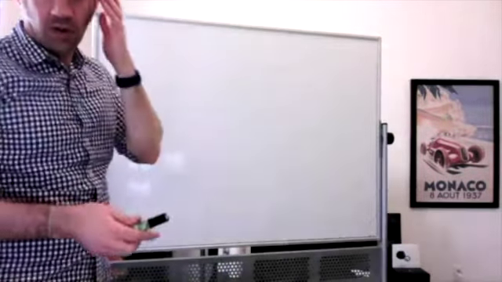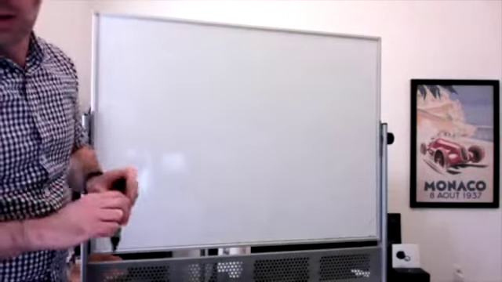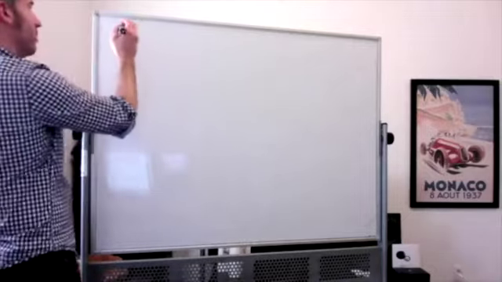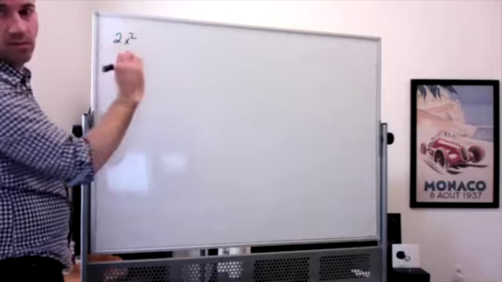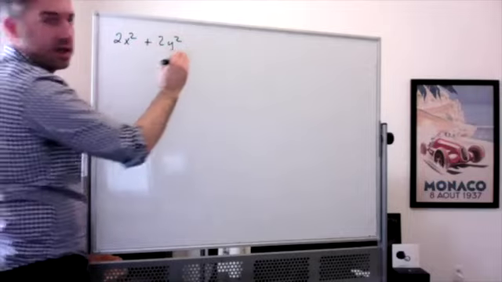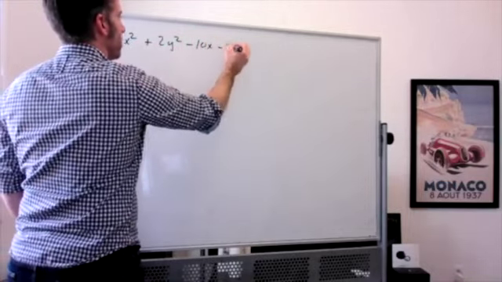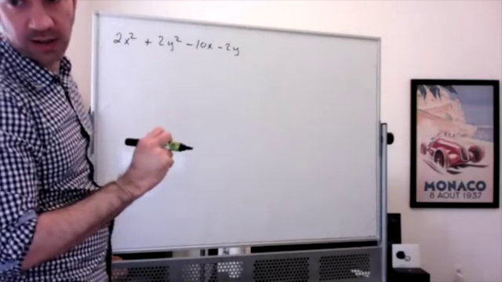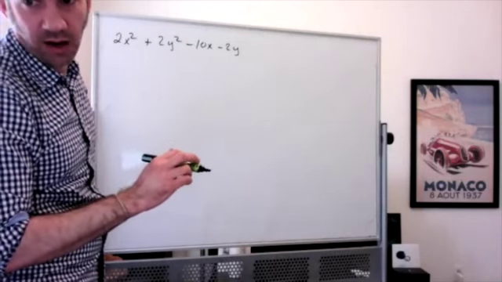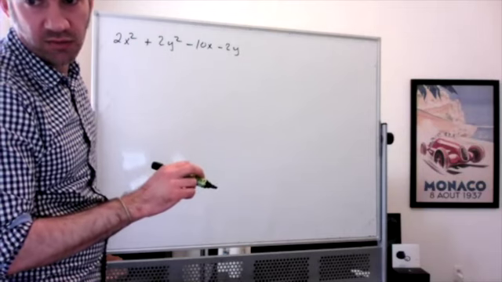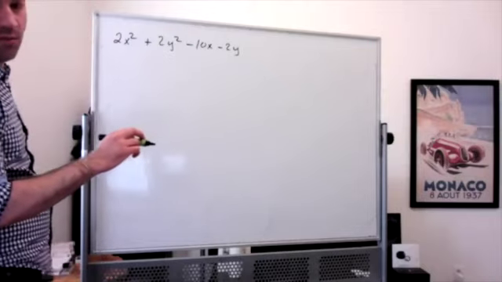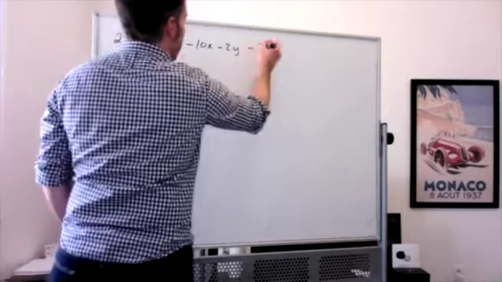So one more circle. I do want to graph this circle. I'm going to change it just slightly so that the number is not super nice. So I have 2x squared plus 2y squared minus 10x minus 2y minus, I want it to be bigger, let's make it -7.